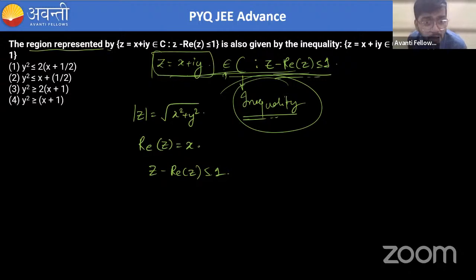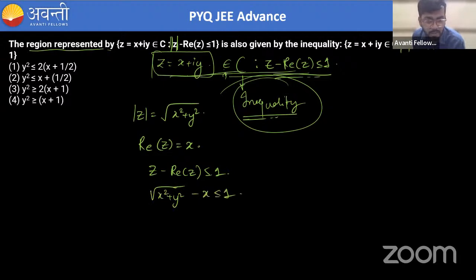So here I guess the question should be mod of z, guys. Mod of z minus real part of z. So this will become under root of x square plus y square minus x is less than equals to 1.